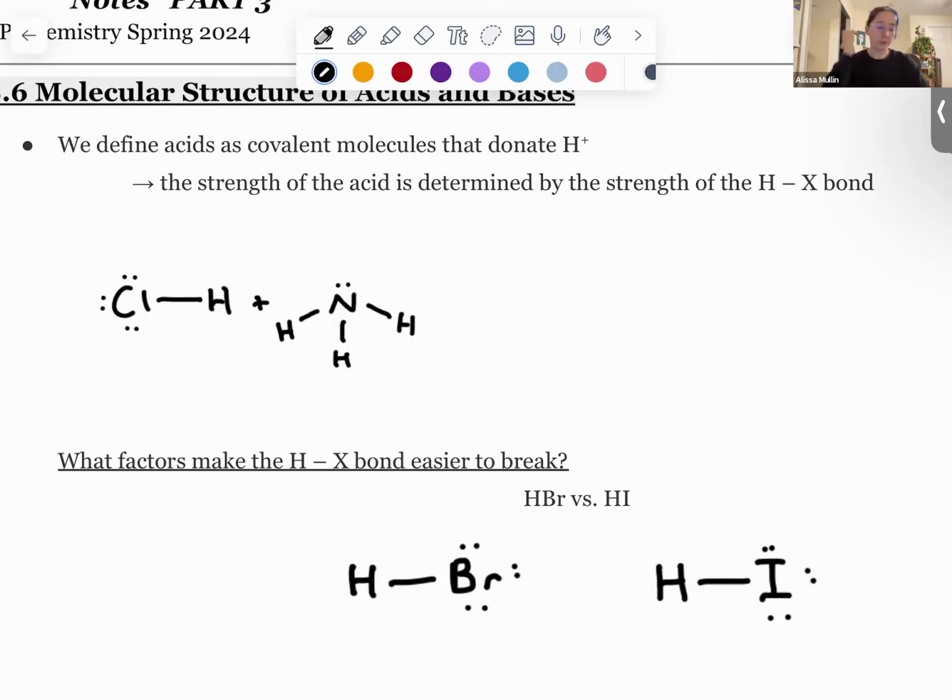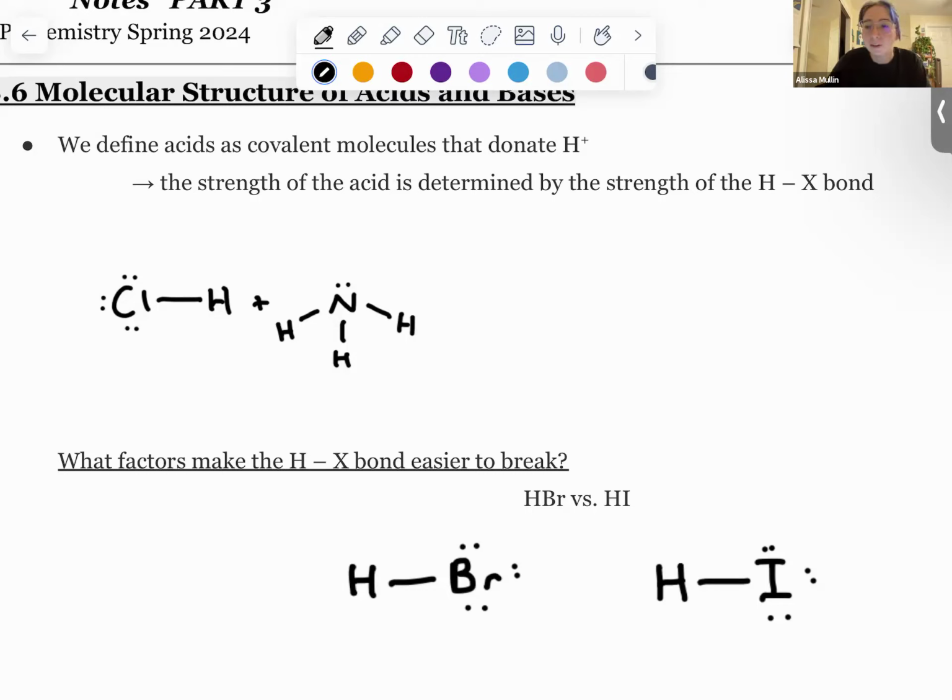So let's do a little bit more detail on how to tell from a structure if your acid is going to be stronger or weaker. We've talked about this a bit, but in order for an acid to be an acid, it donates a proton, right? That's how we generally define it.